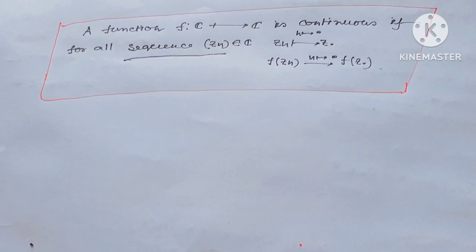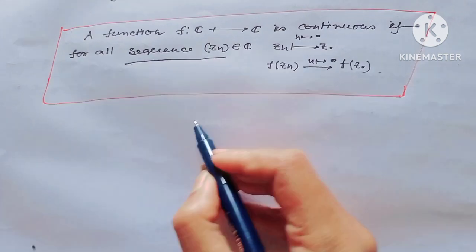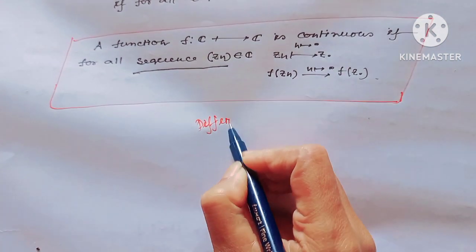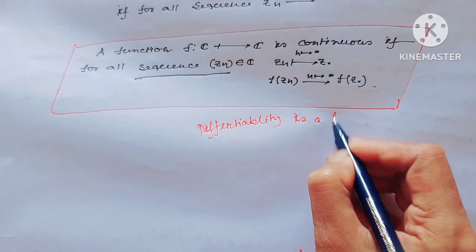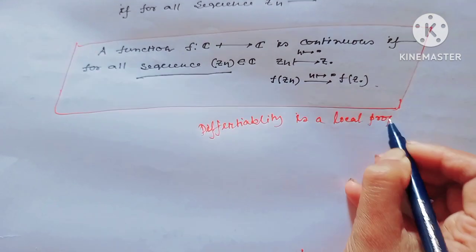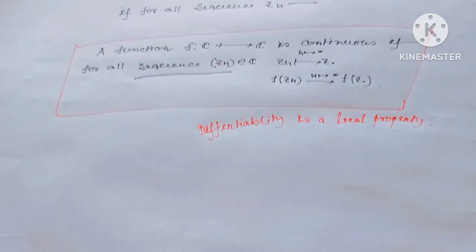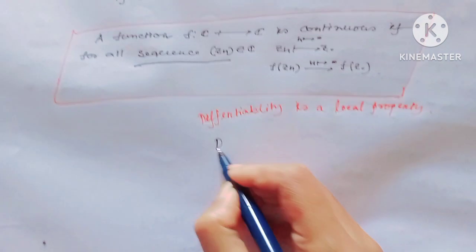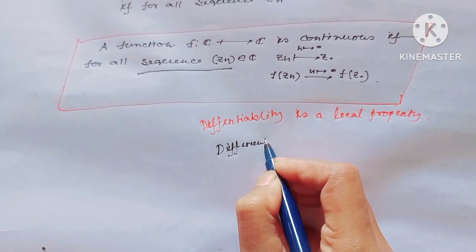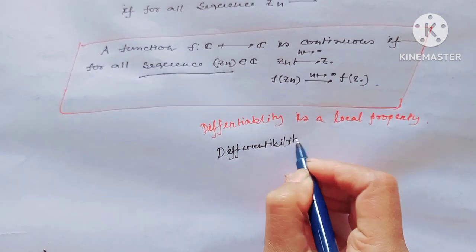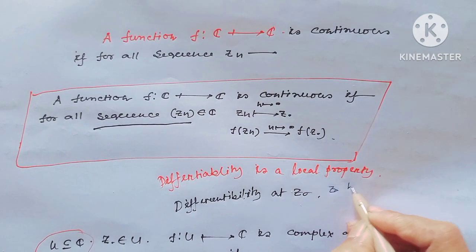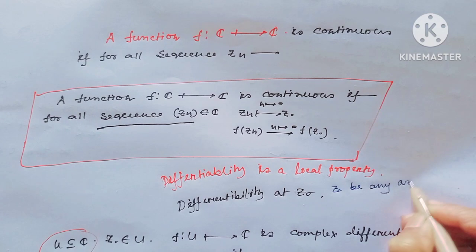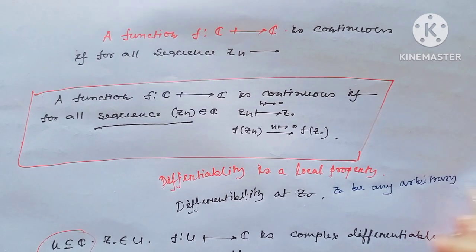And we all know in real analysis differentiability is a local property. Similarly, in complex analysis differentiability is a local property, always at the point Z0. Obviously, this Z0 can be any arbitrary point in the complex plane.